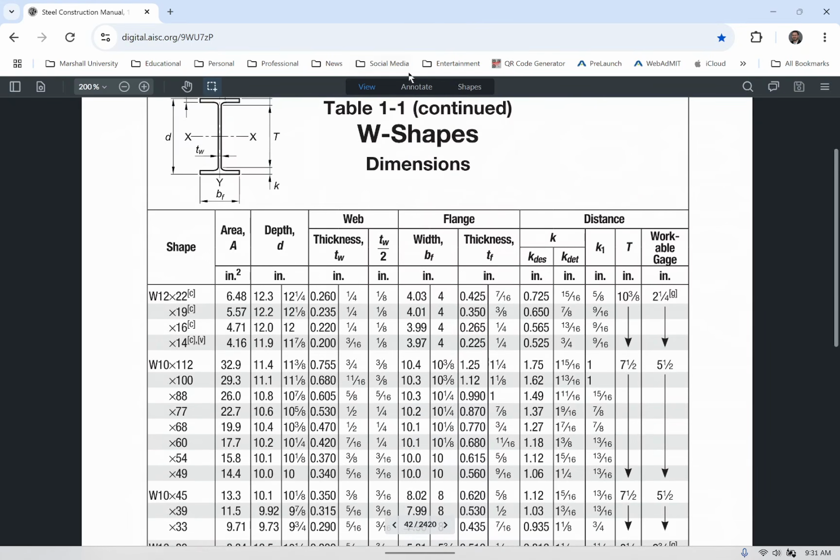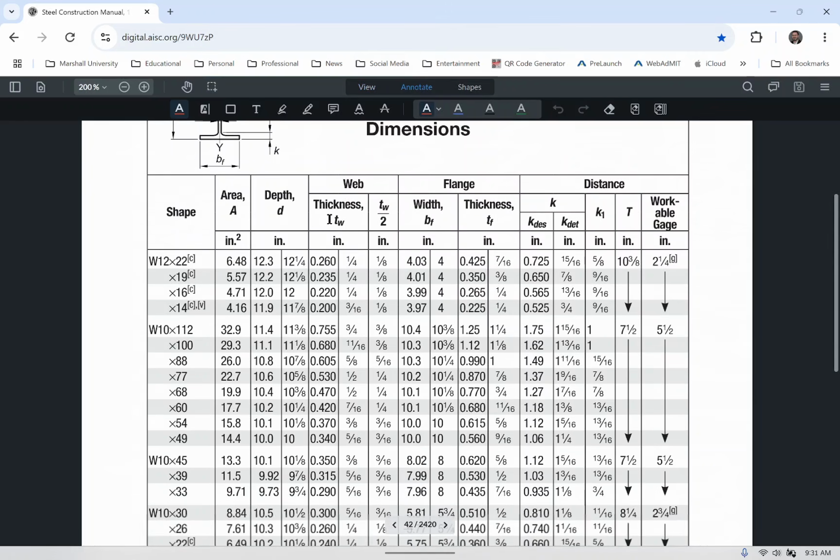Okay, here we go. So we're on table 1.1. We're looking at the W10 by 49. So we're looking at that table right there, and we're looking at the area. You can see the area in square inches for a W10 by 49 is 14.4.